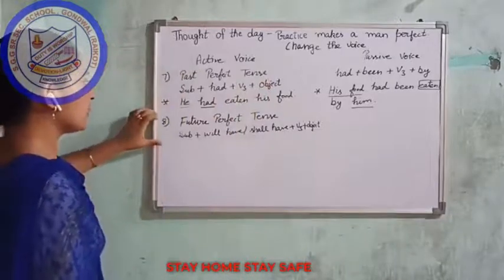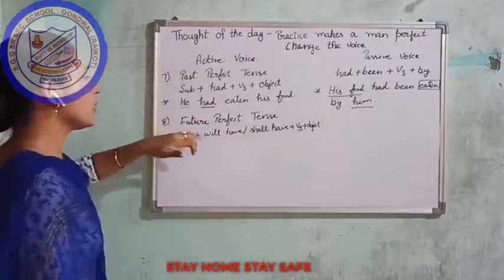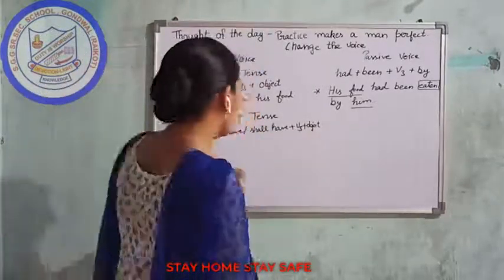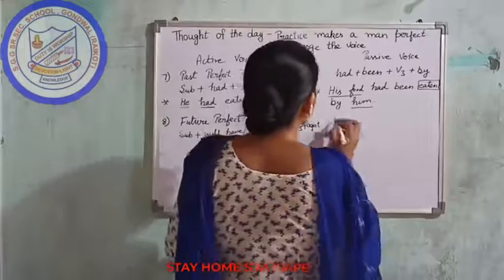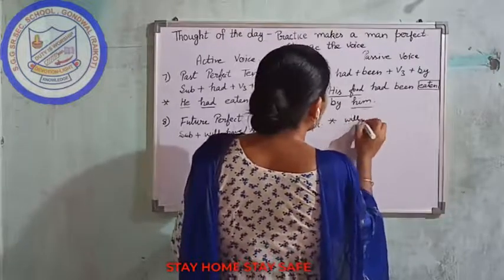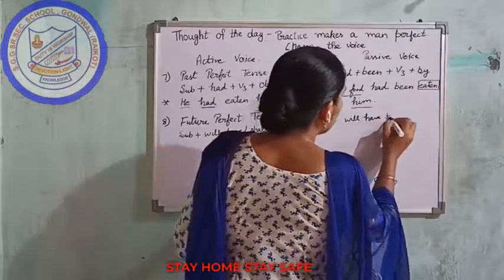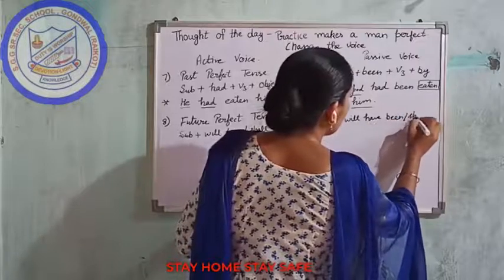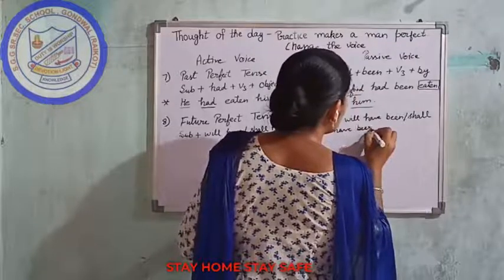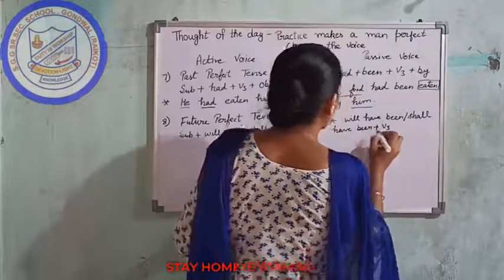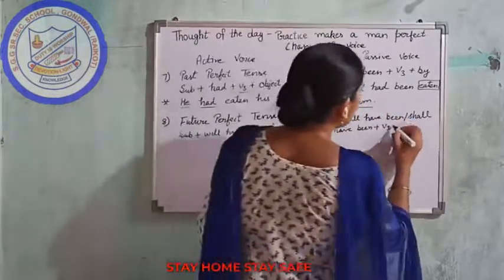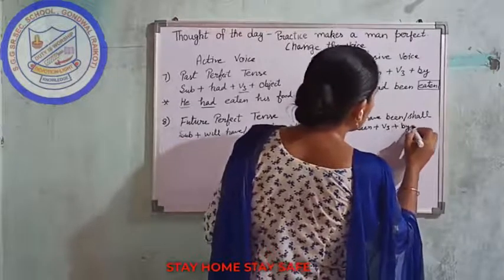In future perfect tense, we make use of subject with will have or shall have and past participle and object. And what is the rule for passive voice? Will have been, shall have been plus be3, which is already used in active form also. Then preposition by.